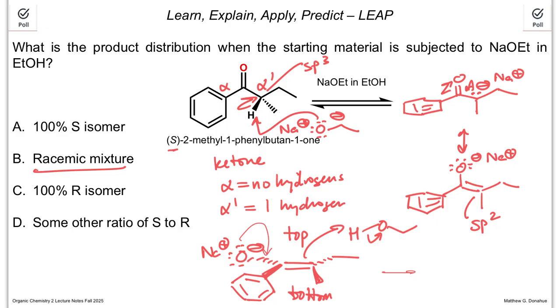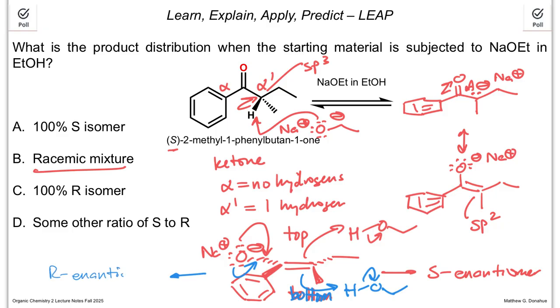So I think based on how I'm looking at that, that would form the S enantiomer. If the protonation takes place from the bottom face, that would form the R.